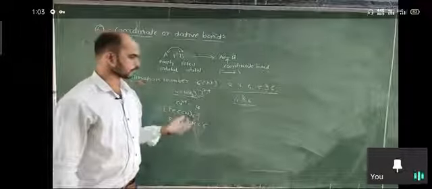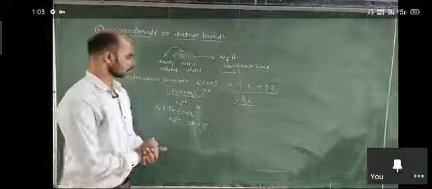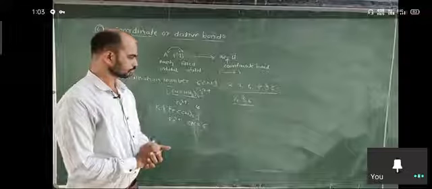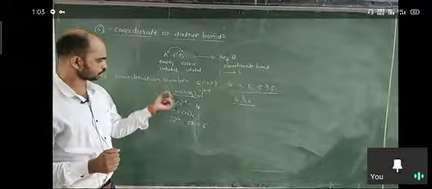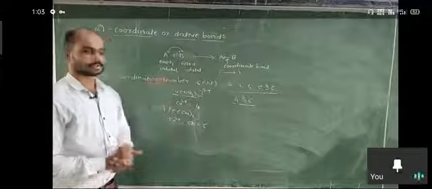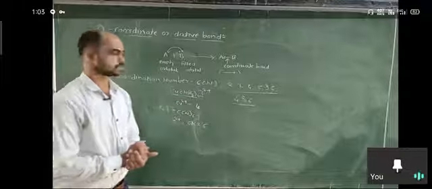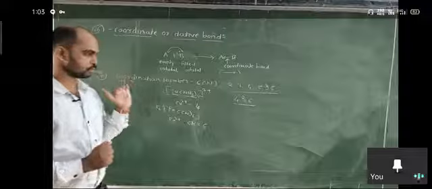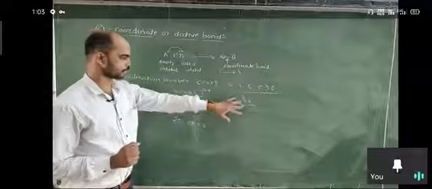How many maximum ligands are attached to the central atom or ion depends on stability. A ligand tries to attach to the central atom or ion until the complex gets stability in equilibrium conditions. So that will decide how many ligands are attached.